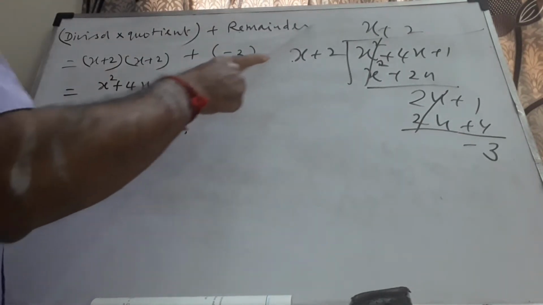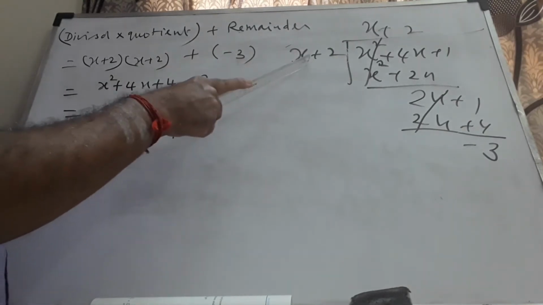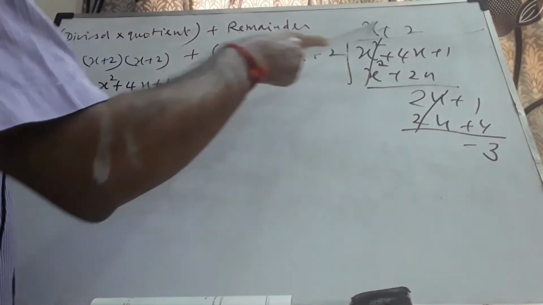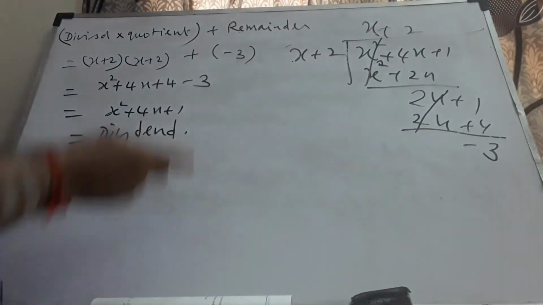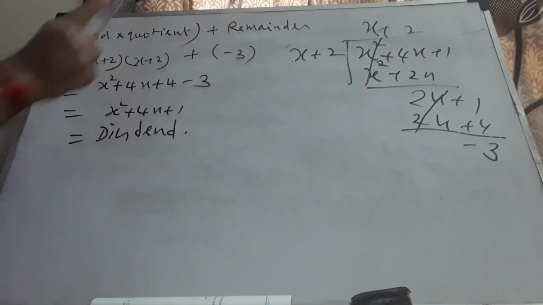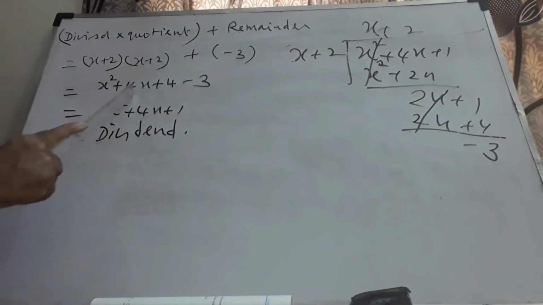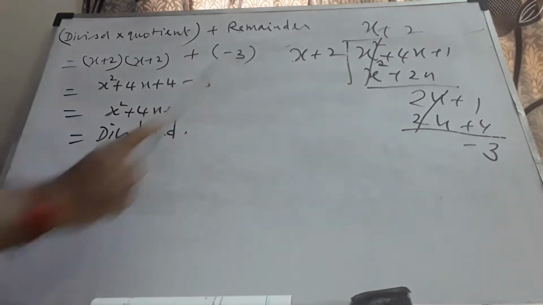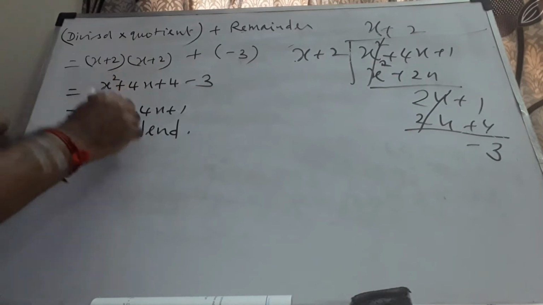The polynomial by which you divide is called the divisor, this is called the quotient, and the one we get at the end is called the remainder. Therefore, divisor x plus 2, quotient is also x plus 2. This is x square plus 4x plus 4, plus the remainder minus 3. What is x square plus 4x plus 1? Nothing but the dividend. It is applicable for any two polynomials.